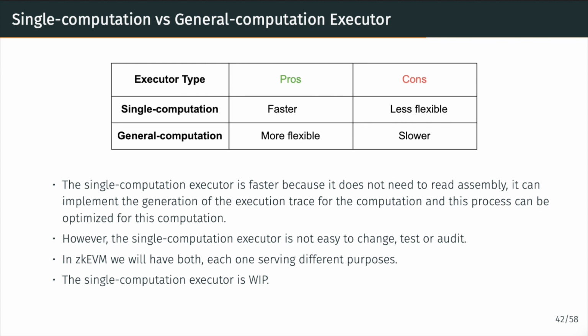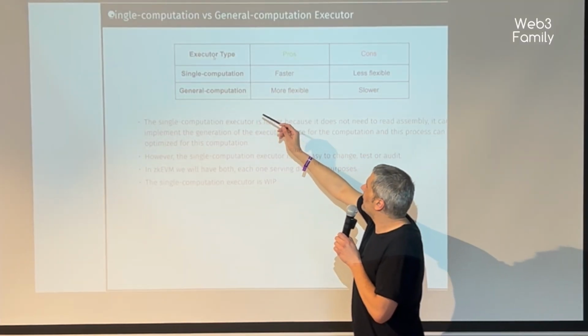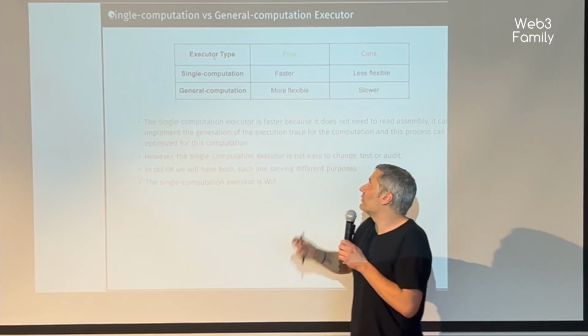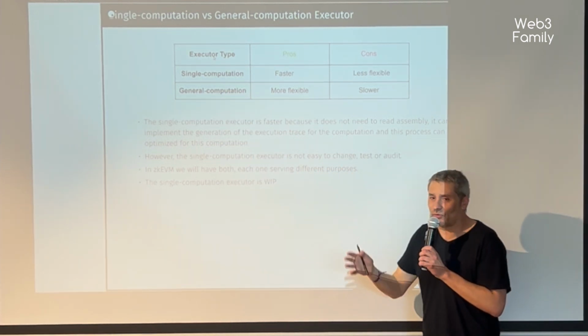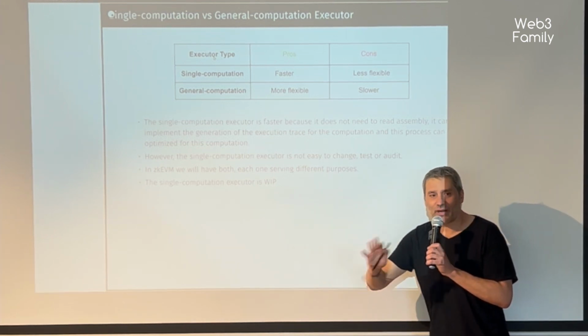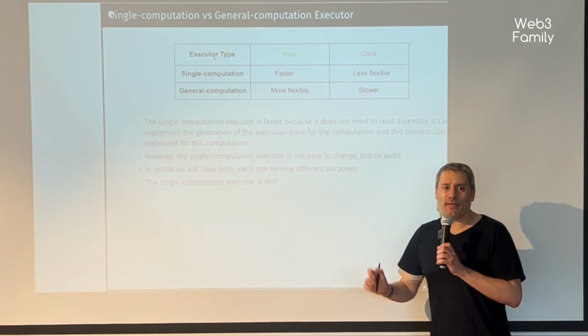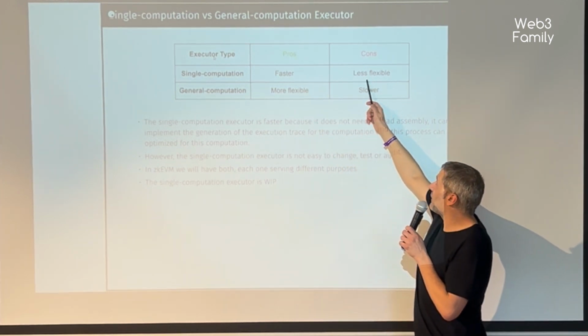So it's very flexible. But the problem is that this may be a little bit slow, okay? So the idea is to also build a single computation. We also want to write an executor that just generates the execution trace for a certain program, and that's it, okay? It will be faster, but much more difficult to change.